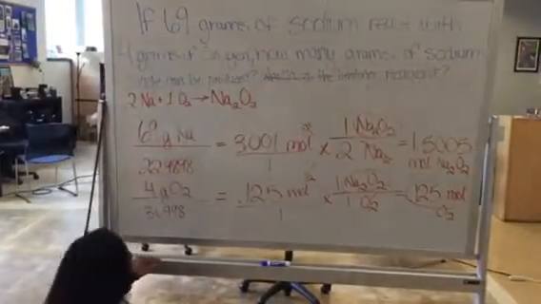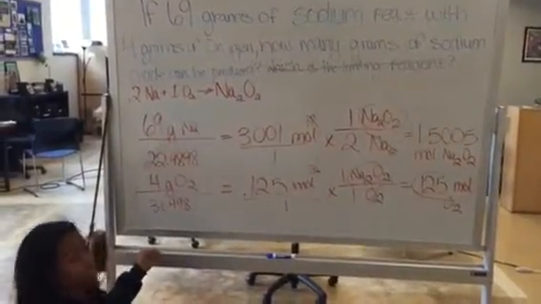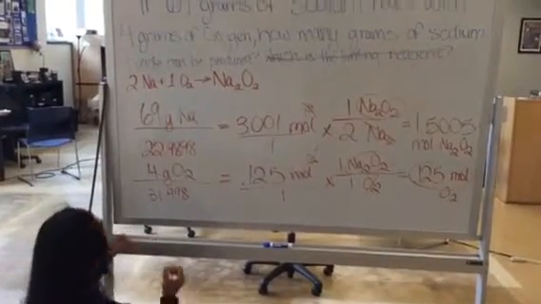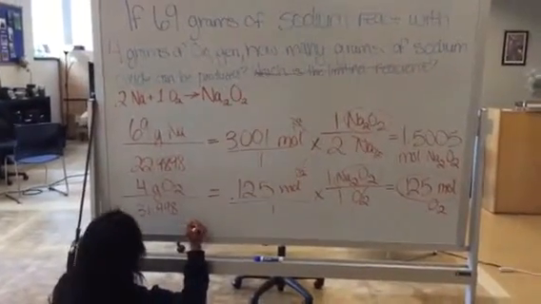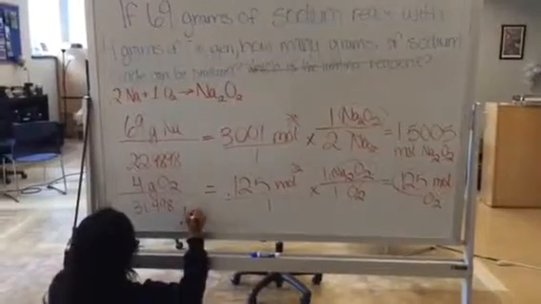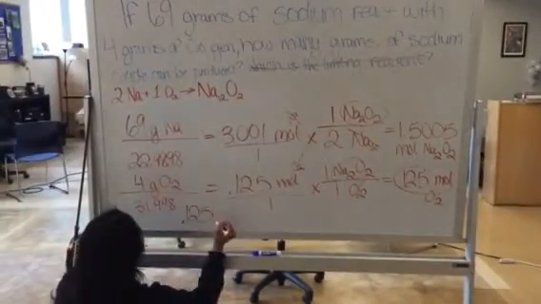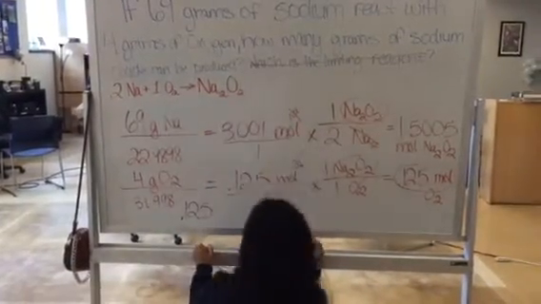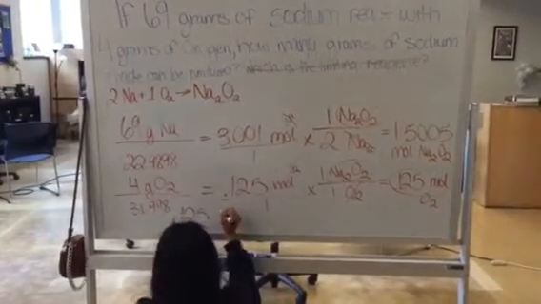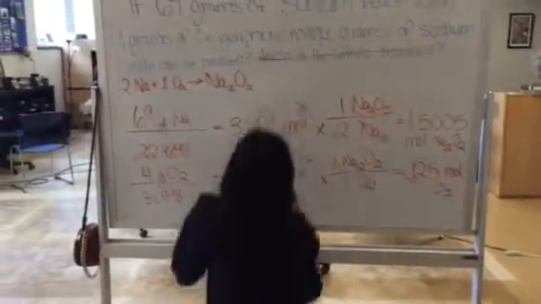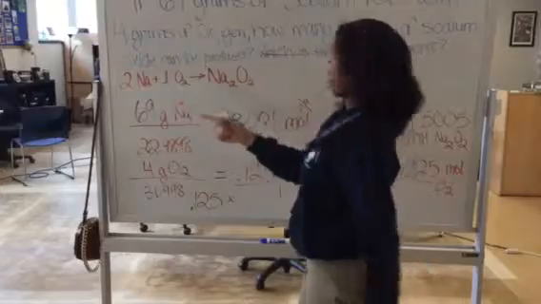To find the amount of grams of sodium oxide that can be produced using our limiting reagent, you would do 0.125, and then multiply that by the molar mass of sodium oxide.